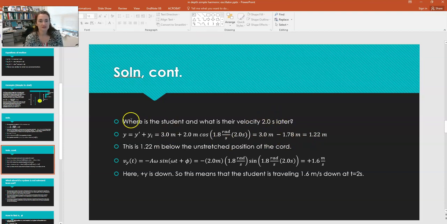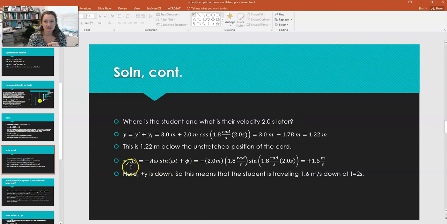So 3 plus 2 times the cosine of 1.8 radians per second times 2 seconds gives me 3 minus 1.78 meters, and that's 1.22 meters. So the student is 1.22 meters below the unstretched position of the cord.